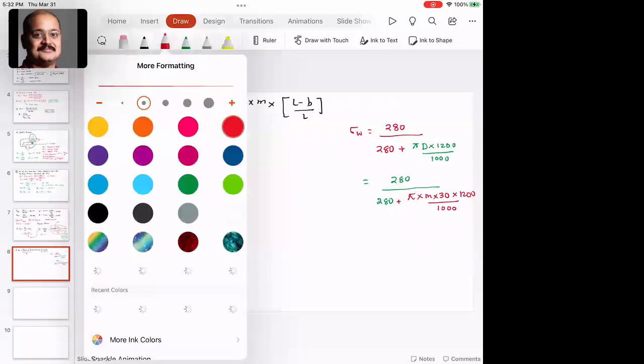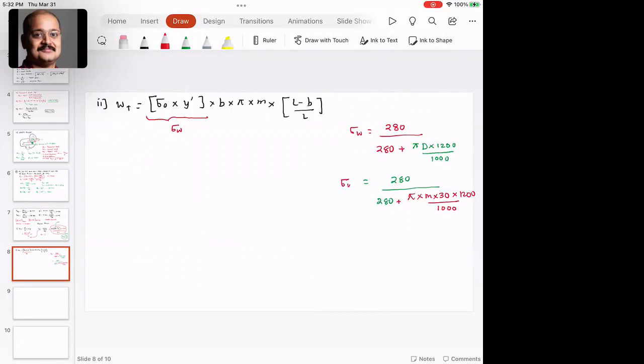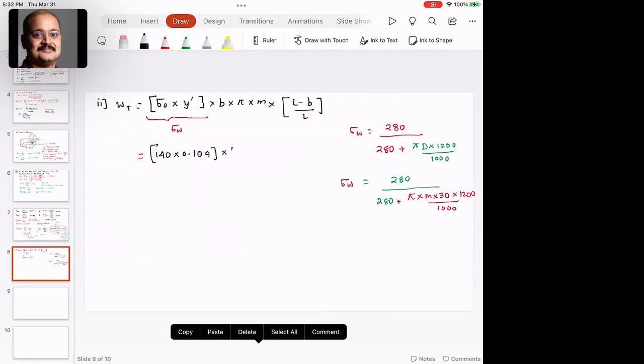You can substitute this equation here, or you can use the table and find the values. So let me give you what values I get from the table. And both approaches are correct. And once you substitute this, which is 4 times b minus b by 4b, because L by b ratio is equal to 4. This is given.